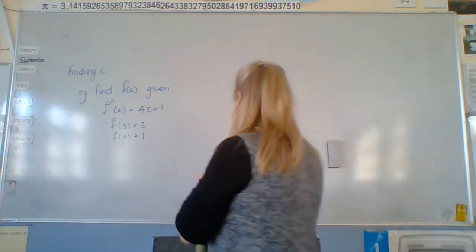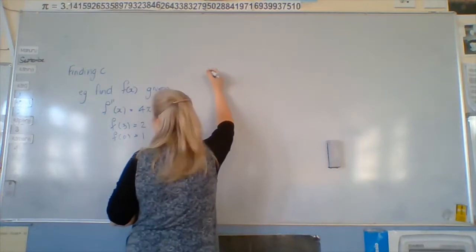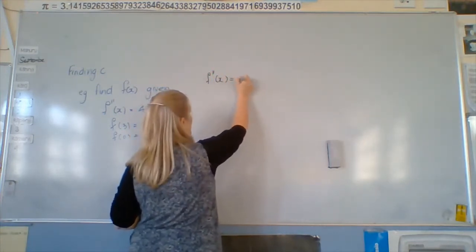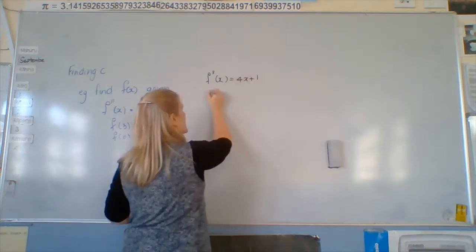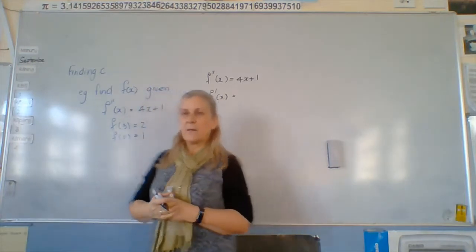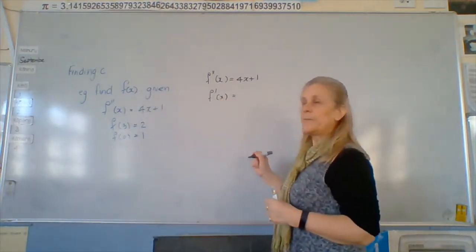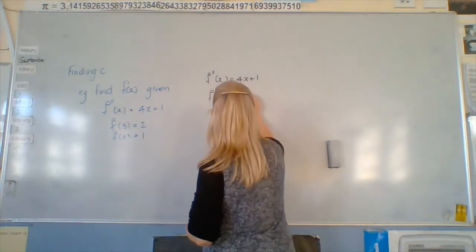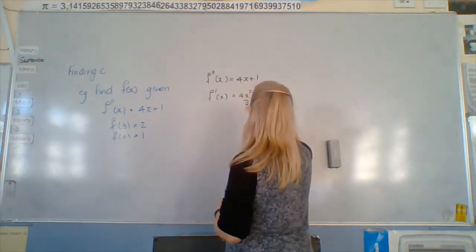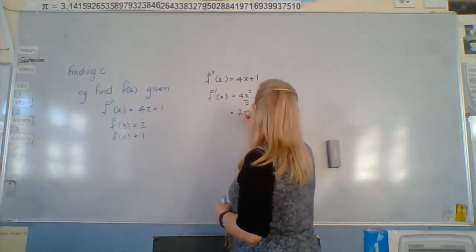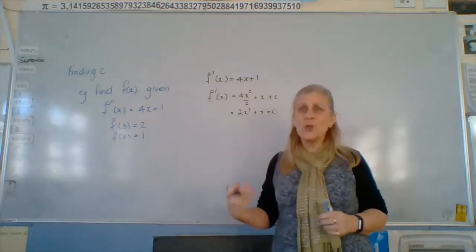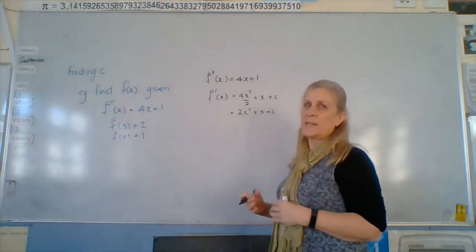All right, so there's different ways, the box will give you different ways of doing this, but if we've got f double dash of x equals 4x plus 1, when we anti-differentiate to f dash of x, what do we get? Okay, 4x squared over 2 plus x plus c. So that's 2x squared plus x plus c. Helpful this time because we're going to use this to tidy it up for ourselves.